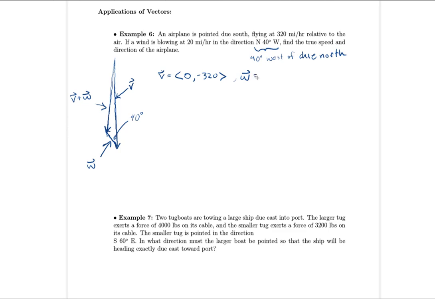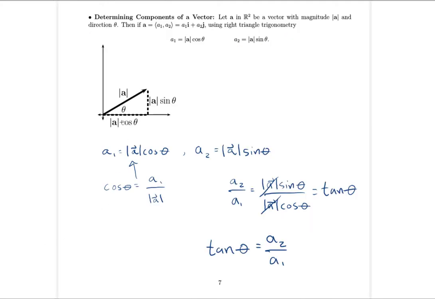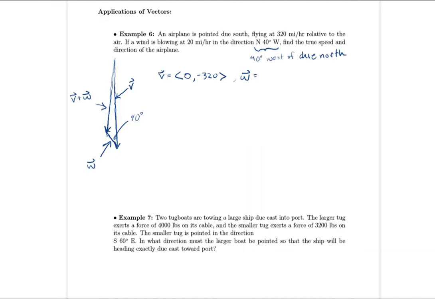Remember on the previous page what we learned. If we know the magnitude and we know the angle, then the x and y components are given by the magnitude times the cosine and the magnitude times the sine respectively. So this is the magnitude, which I know is 20 miles per hour, because that's the speed at which it's blowing, 20 times the cosine of my angle.